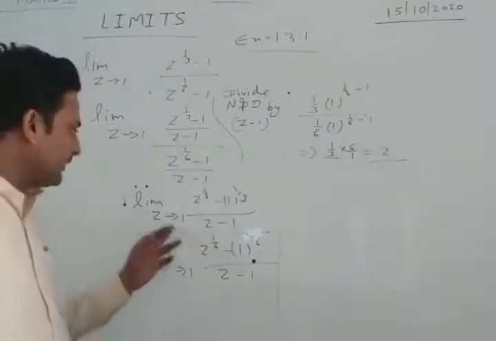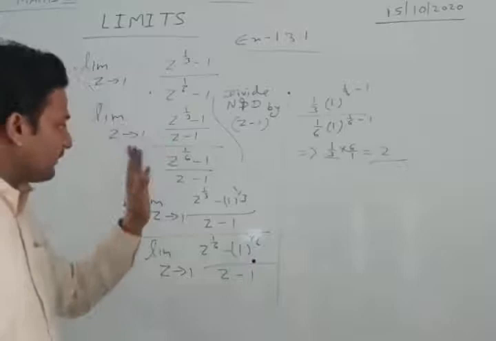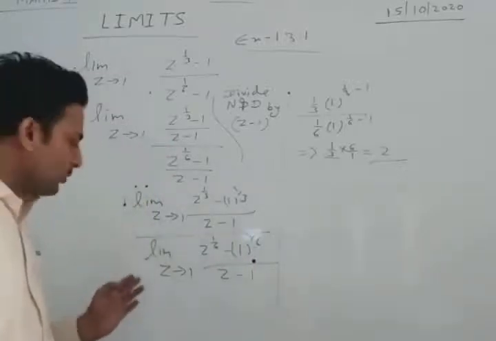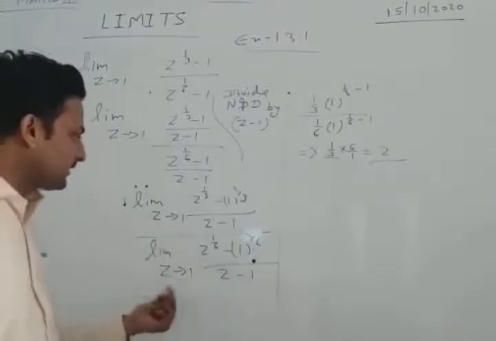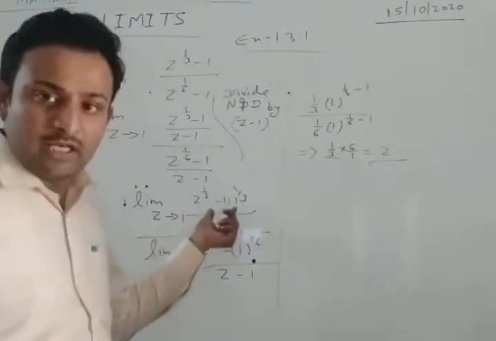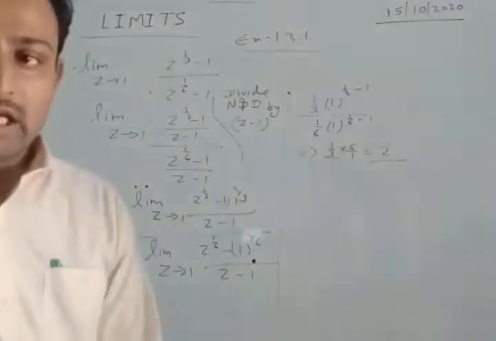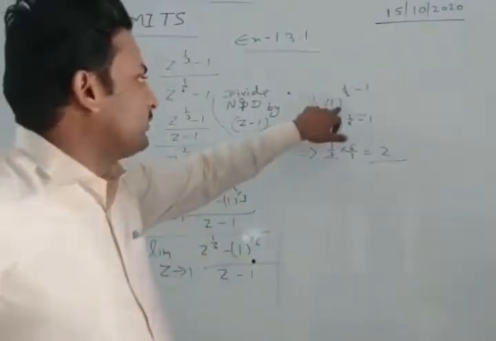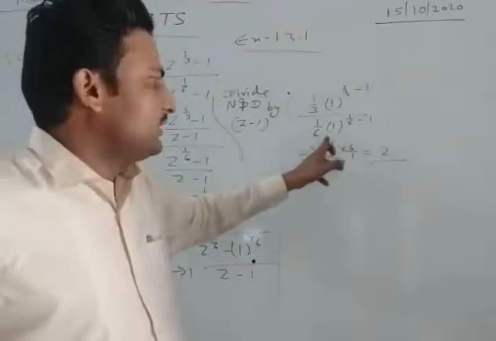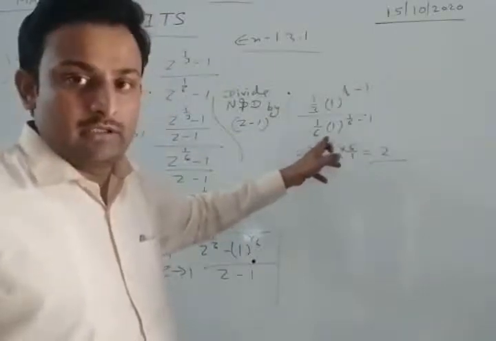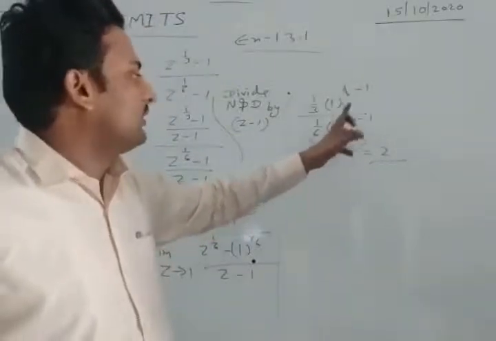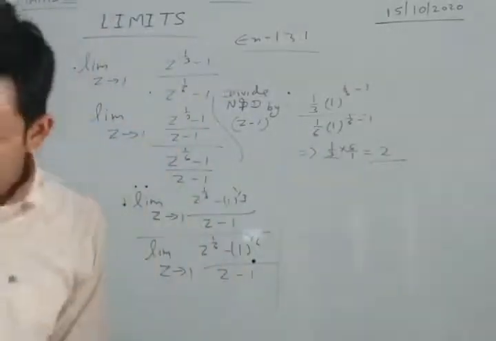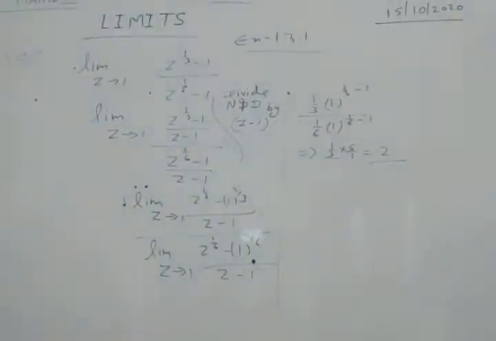Now we are separating them. There are two functions, so we apply the limit to both functions. Now we know the formula is n a to the power n minus 1, and in the denominator the same, n a to the power n minus 1. Now we will see the next question.